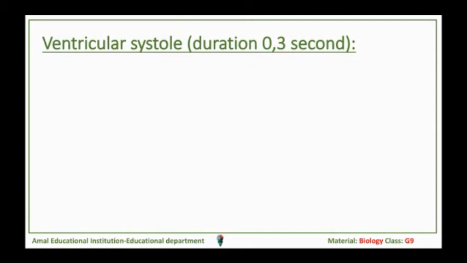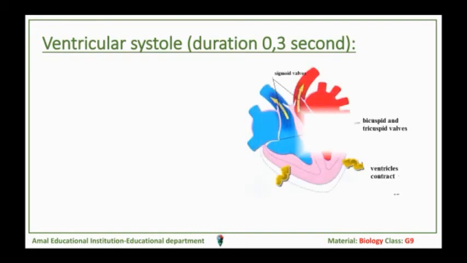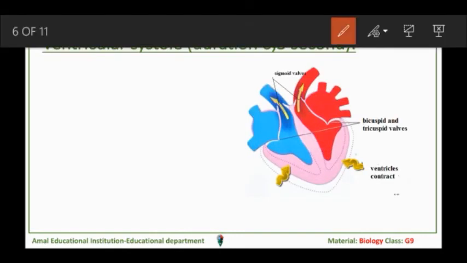What will happen? For sure, the ventricles will contract. See here, these are the ventricles, they contract. From the right ventricle, the blood comes out through the pulmonary artery to the lungs, and from the left ventricle to the aorta to go to the organs.